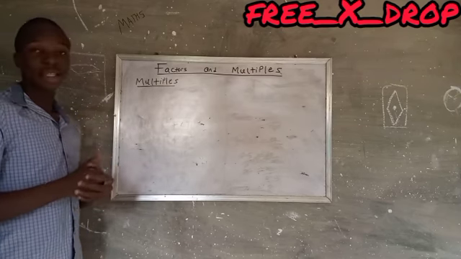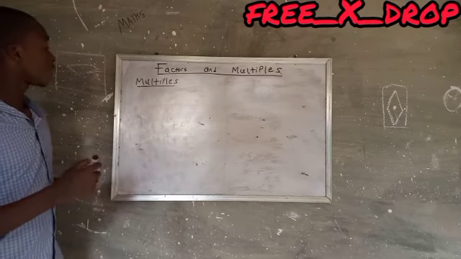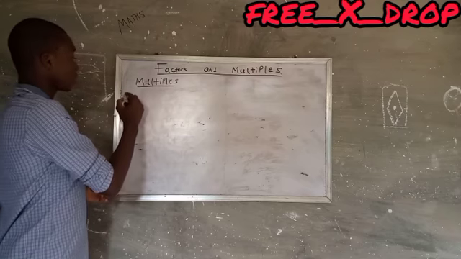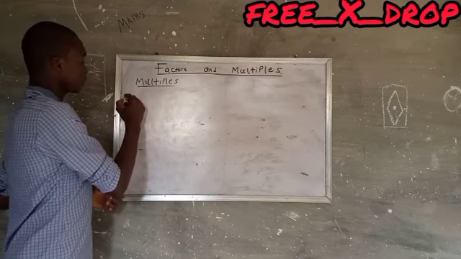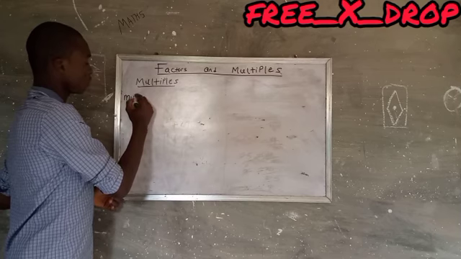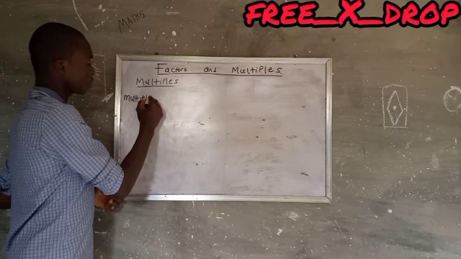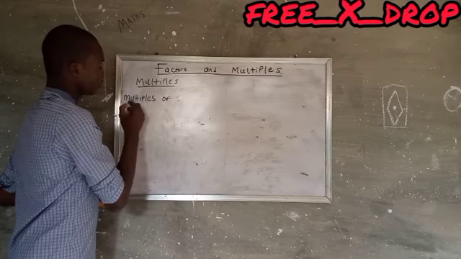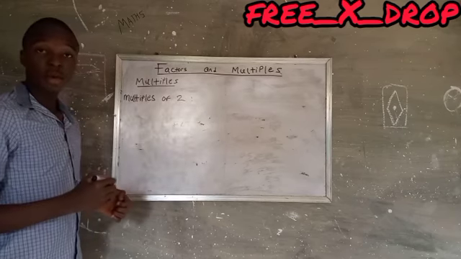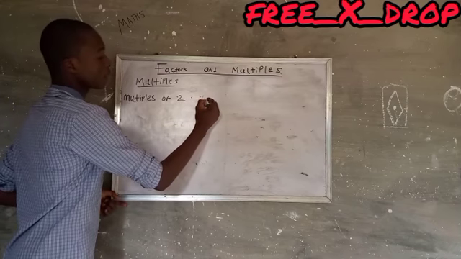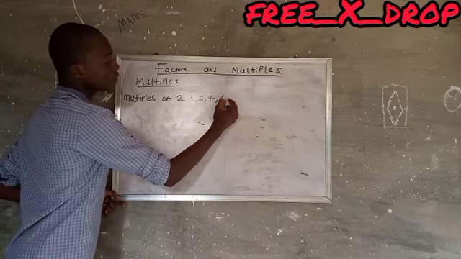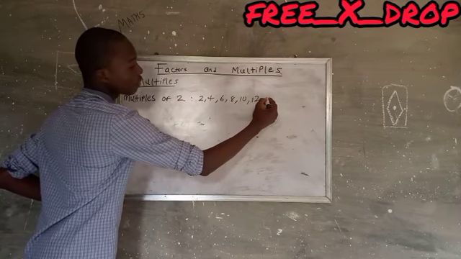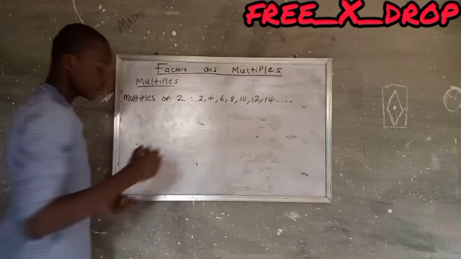So I will show you how they set their questions with a range. But for now, I will give you an example. For example, when they say the multiples of 2, multiples of 2 will be 2, 4, 6, 8, 10, 12, 14, and so on.